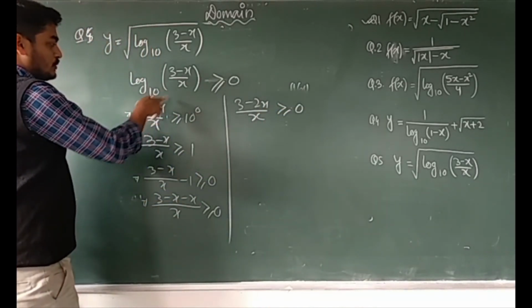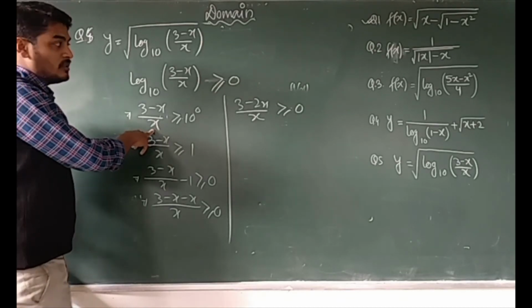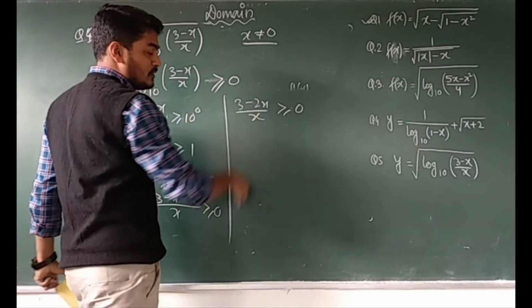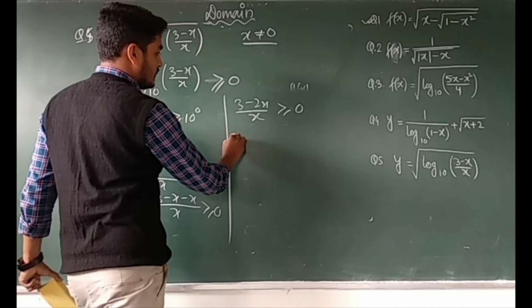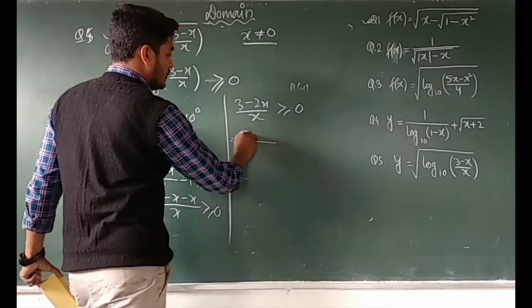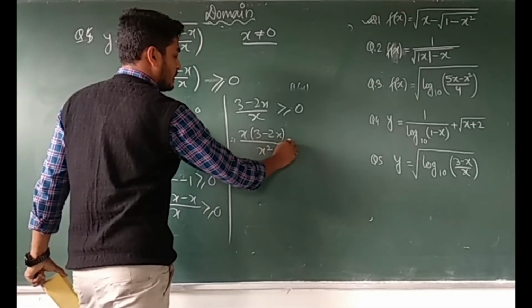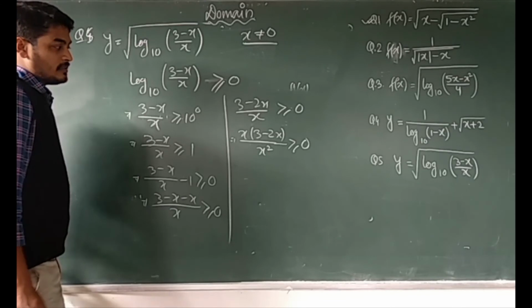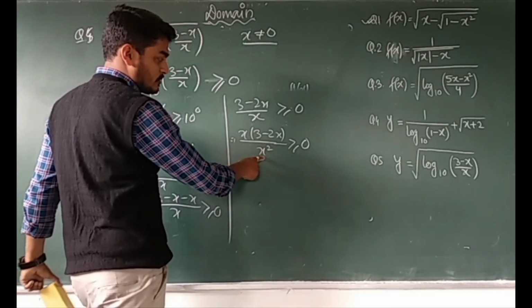It is known to you that here x should not be equal to 0. That's why we can multiply the numerator and the denominator by that non-zero quantity. So we will have x into (3 minus twice x) by x squared greater than or equal to 0. Correct?